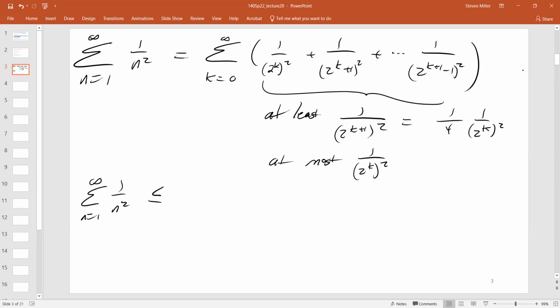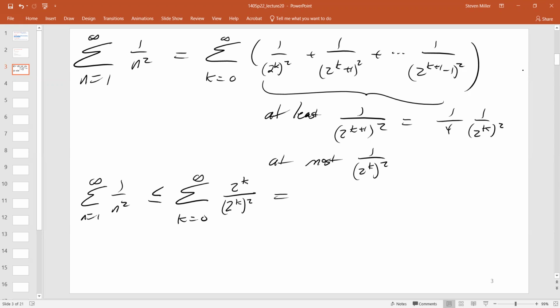And so this sum, n goes from 1 to infinity, of 1 over n squared, is going to be less than or equal to the sum, k goes from 0 to infinity. How many terms are there? Well, we go from 2 to the k to 2 to the k plus 1 minus 1, so we basically have 2 to the k terms, and each term is at most 1 over (2 to the k) squared. Now we have to remember the rules of exponents. What's (2 to the k) squared? It's 2 to the 2k.